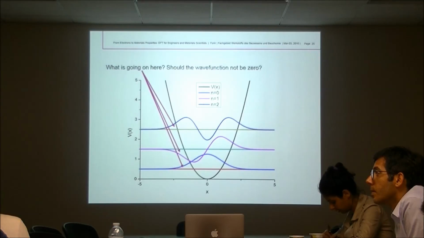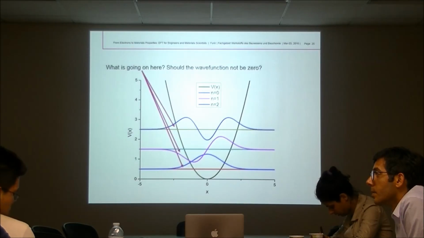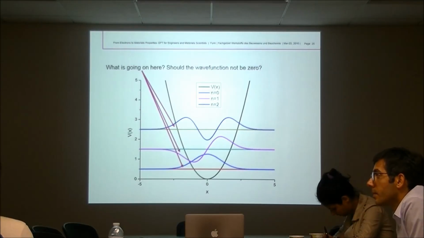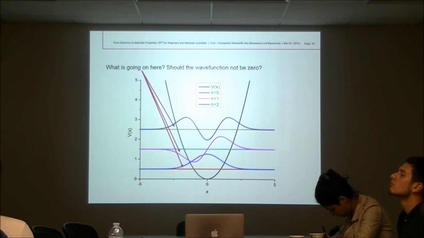So minus i h bar, this is then psi prime of x times x plus psi of x, minus x psi prime of x. Well, this is the same, the other one not.